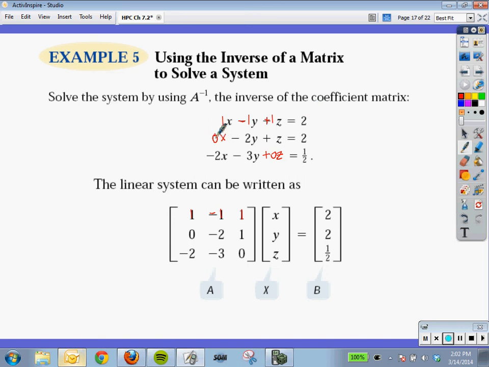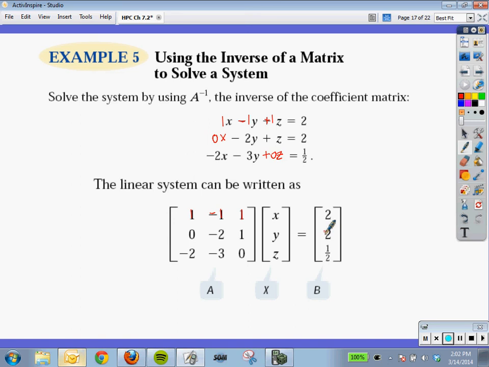So far, so good? All right, so if we multiply row 2 of matrix A times column 1 of matrix X, we have 0 times X, this is 0x. We have -2 times Y, which is -2y. We have 1 times Z, which is a plus 1z there.